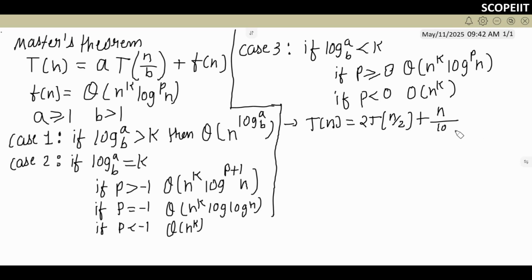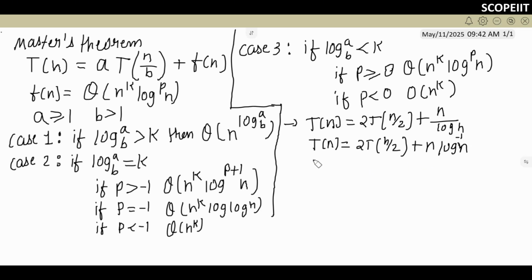Now, for example, if this type of question comes, first of all, you should write this question in normal form: 2T(n/2) + n over log n. Whenever anything is in the denominator, how to take it to the numerator? We will write log to the base n, and here the power will become minus 1 when you take it to the numerator.